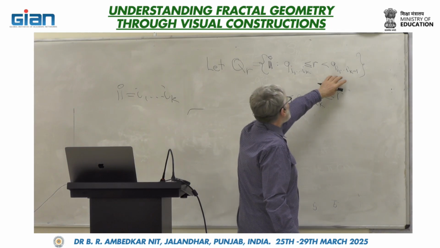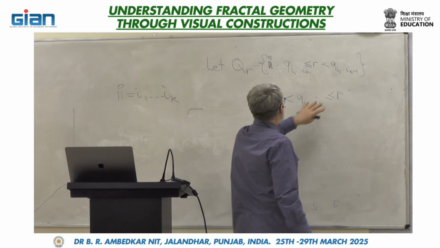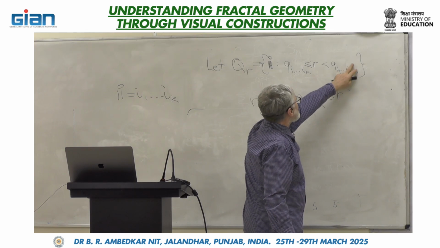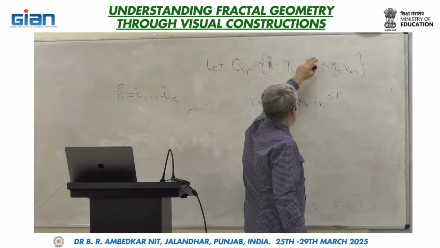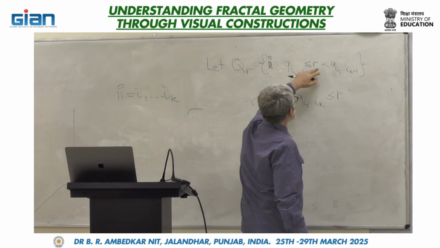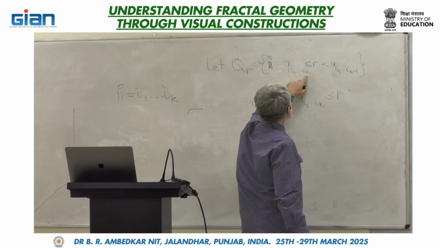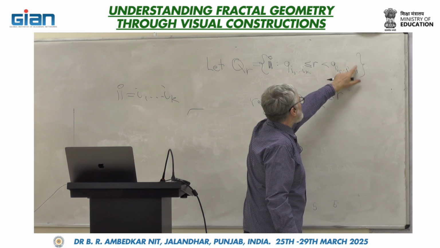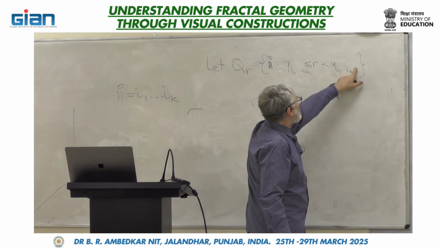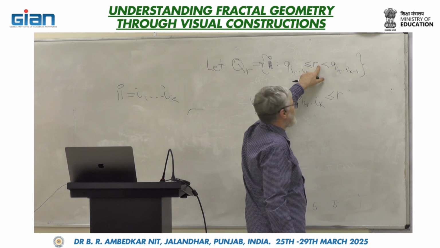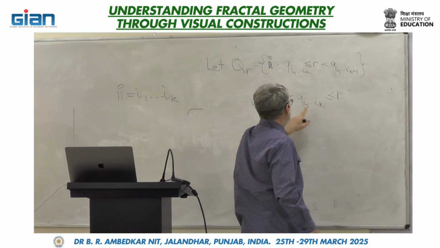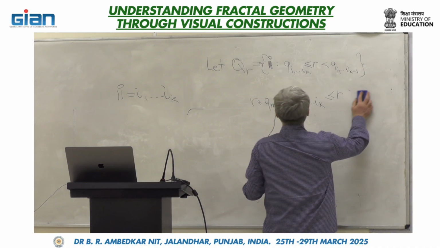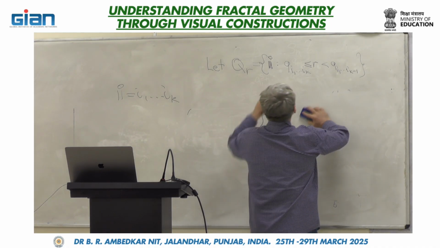You see what I have done? I multiplied this by Qik, then R is multiplied by Qik, but R multiplied by Qik is greater than R Q minimal.